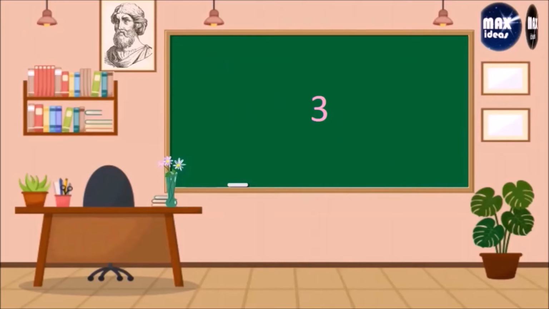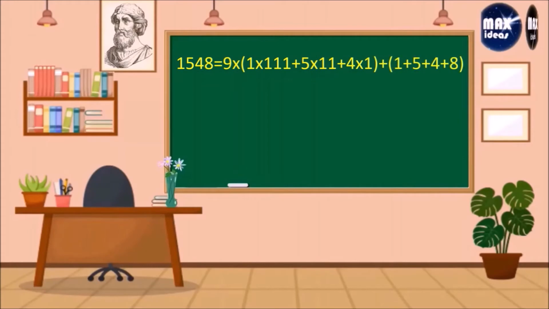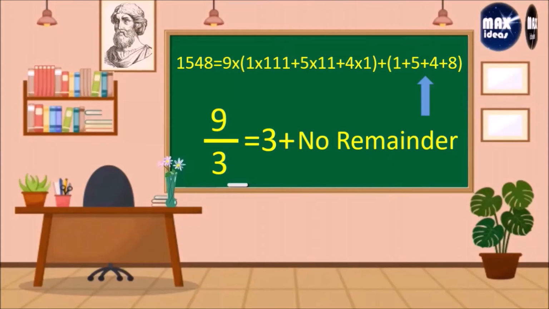Okay, then let's inquire what the mechanism is inside the rule related to 3. We brought our number 1548 up to this level. Since this part is a multiple of 9, it is also a multiple of 3, because 9 is divisible exactly by 3. Then if this sum of digits is a multiple of 3, the number is divisible by 3.